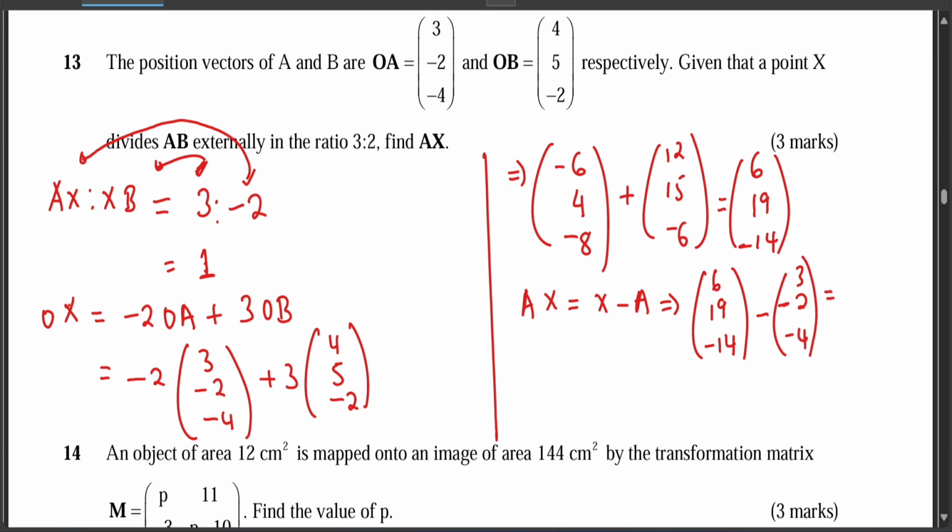So 6 minus 3 gives us 3. 19 minus negative 2 gives us positive 21, and negative 14 minus negative 4 it should give us around -10.